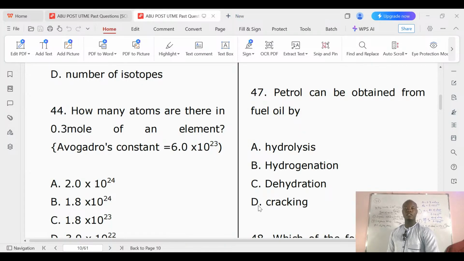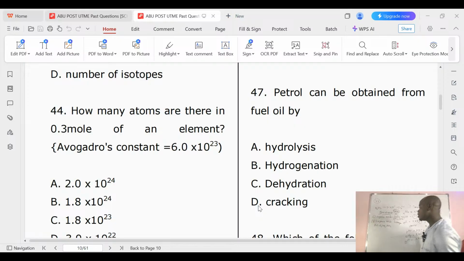The next question: petrol can be obtained from fuel by A, hydrolysis, B, hydrogenation, C, dehydration, and D, cracking. Which of the following is used in obtaining petrol from fuel? Actually, fuel oil is a crude oil from which we obtain petrol.